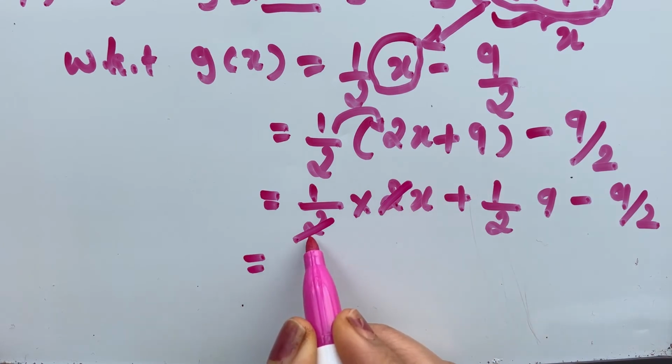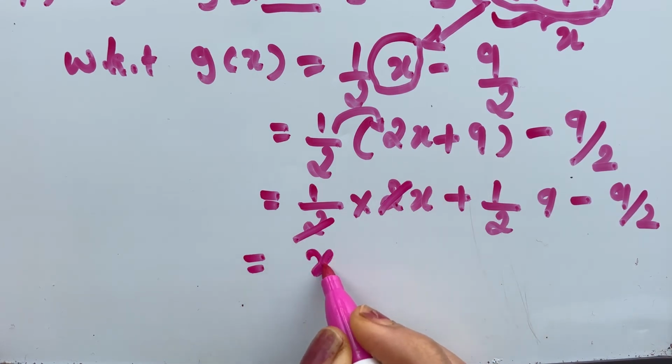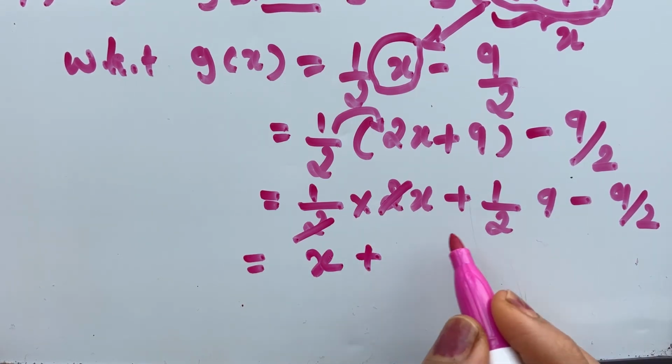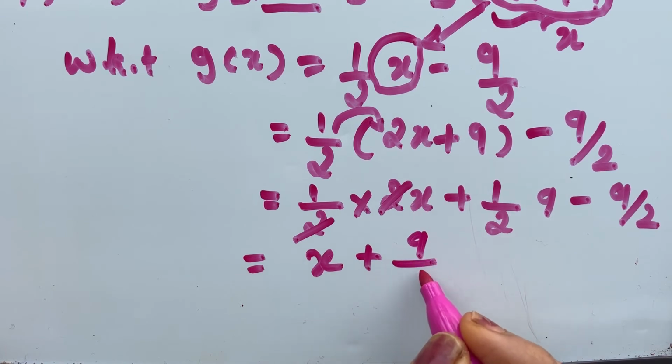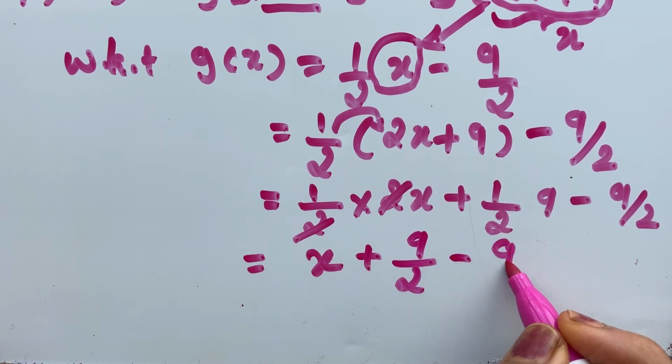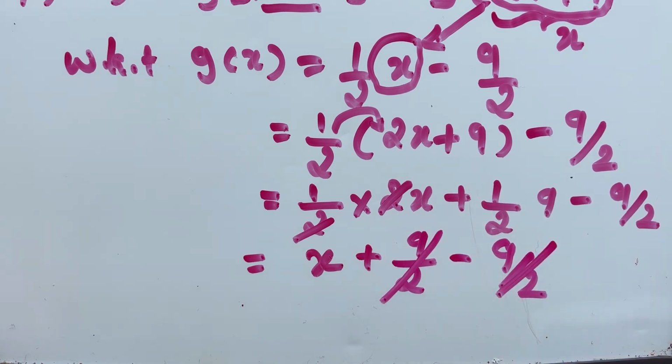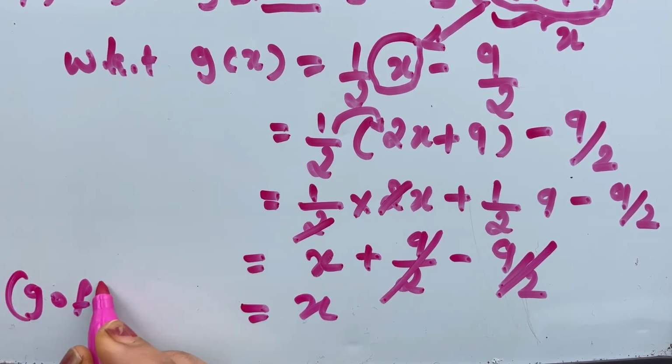Here numerator 2 and denominator 2 cancel out, so the remaining part is x plus half of 9, which is 9 over 2, minus 9 over 2. Again 9 over 2 cancels, so the remaining part is x. So g composition f of x is x.